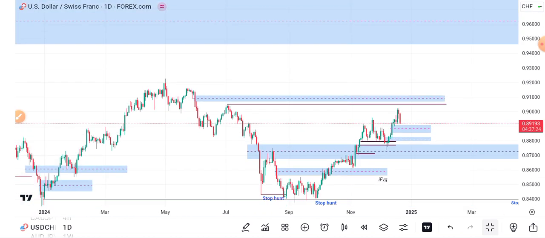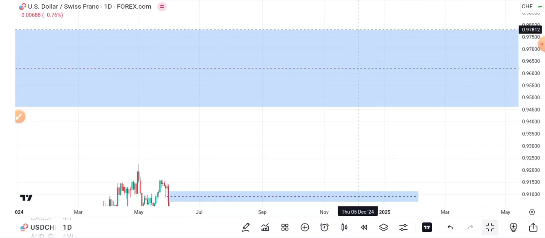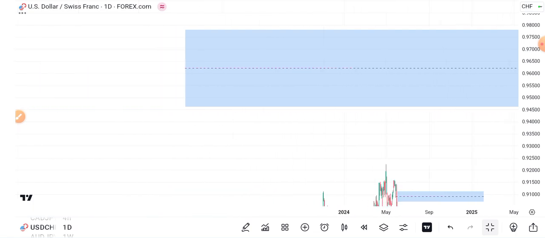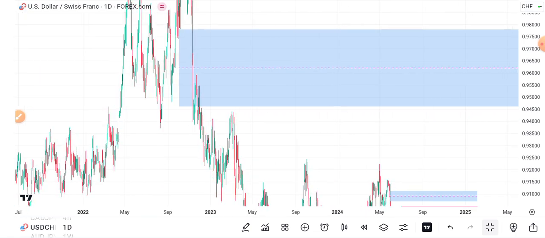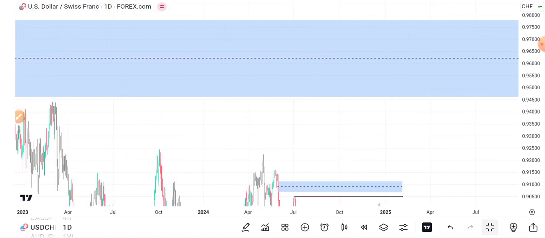And then we'll be expecting that price will enter into this larger time frame fair value gap here. So if that should happen, we want to set ourselves for at least a good ride on this. So I'm looking at these areas of liquidity, this area of liquidity here, this area of liquidity here, and this large area of liquidity here.